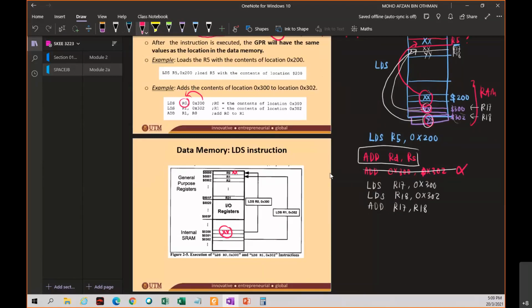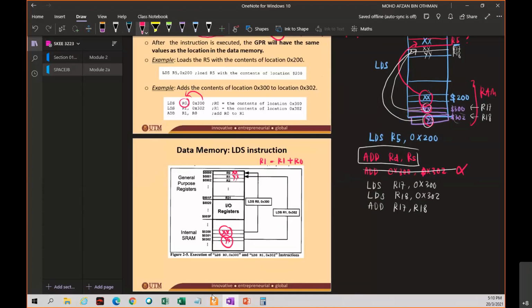So, pergi ke address 302, ambil value inside here, put to your R1. Lepas tu, ADD R1, R0. So, apa yang berlaku? R1 sama dengan R1 tambah R0.